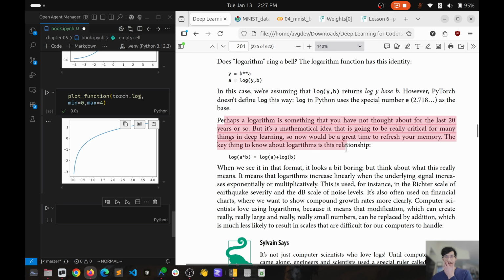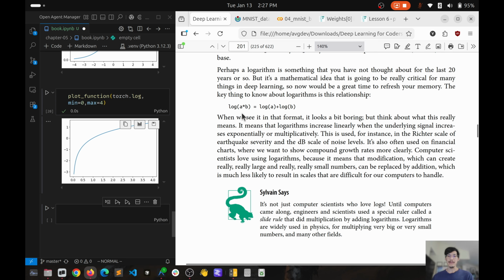Perhaps a logarithm is something that you have not thought about for the last 20 years or so, but it's a mathematical idea that is going to be really critical for many things in deep learning. So now would be a great time to refresh your memory. The key thing to know about logarithms is this relationship: log of a times b is the same thing as log of a plus log of b.